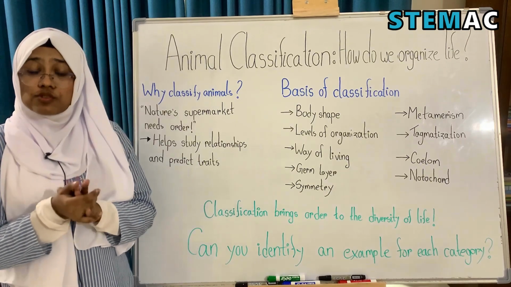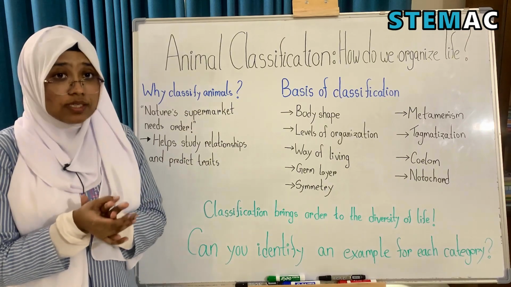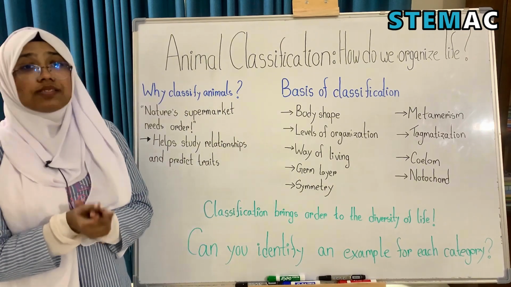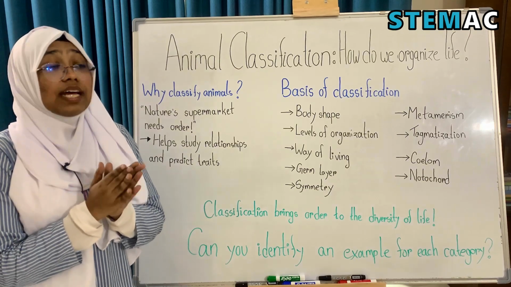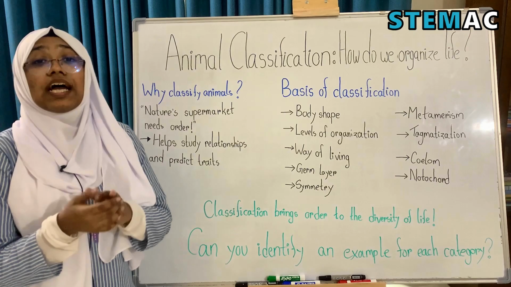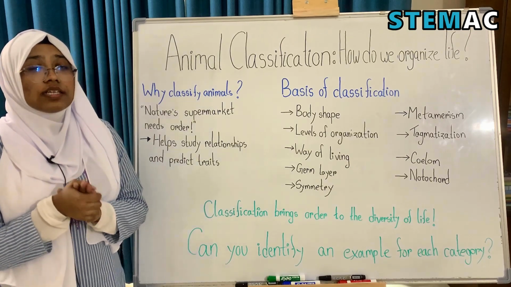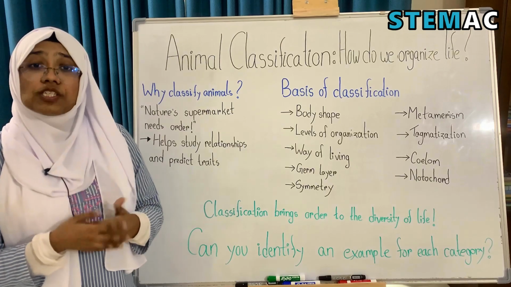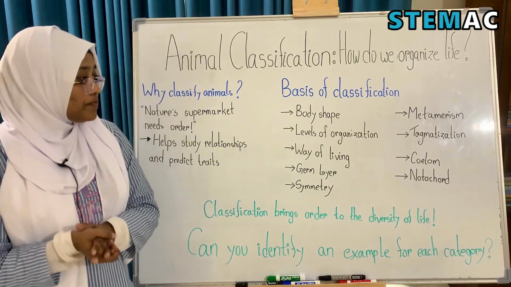In case of pseudocoelom, the word pseudo refers to something fake. So pseudocoelom means something that has a fake cavity. And in case of coelomate, it has a true cavity. And the easiest example of coelom is us. We humans have a cavity in our body where all the organs are kept.